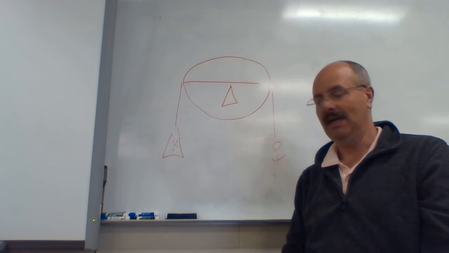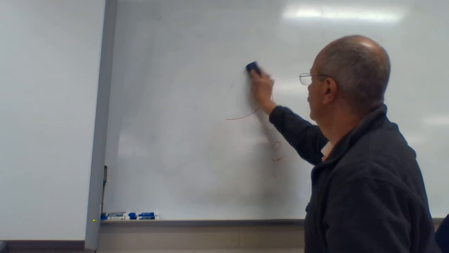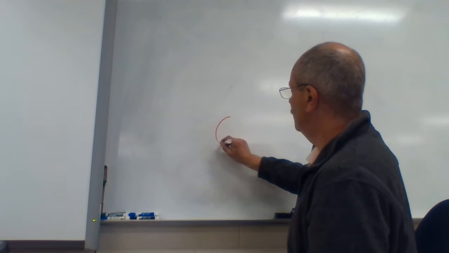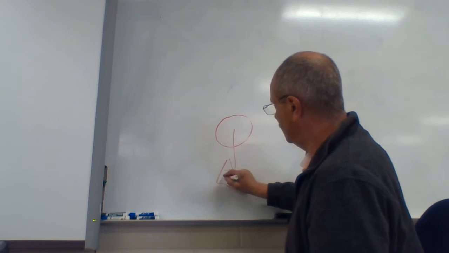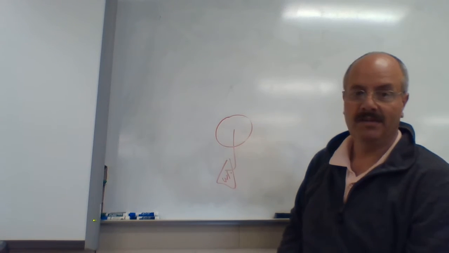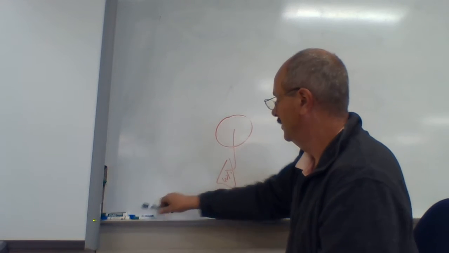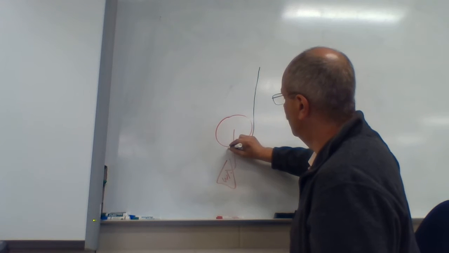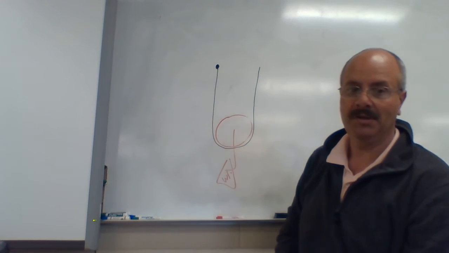Now there's a different type of pulley, called a movable pulley. On this one, the pulley is down here, and here's my object hanging from it. And I'll use a different color: I have this rope that comes down, goes around, goes back up, and is attached up here.